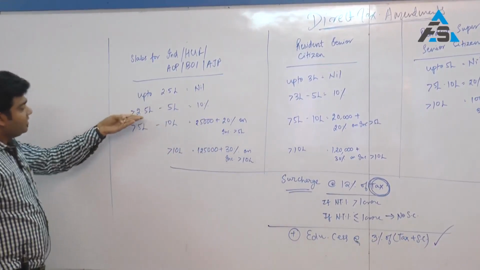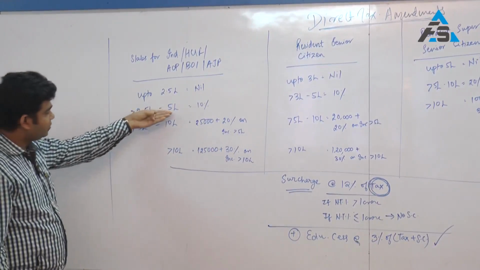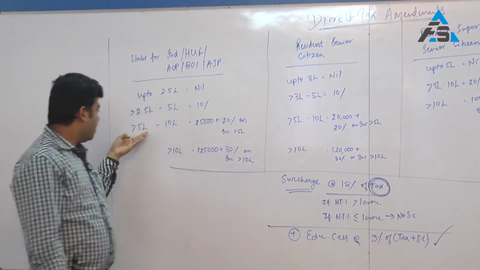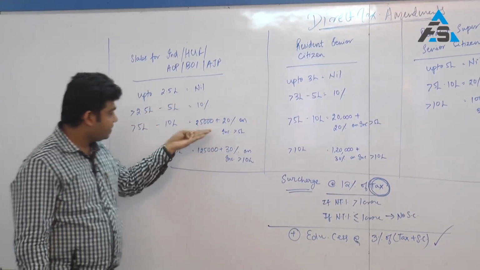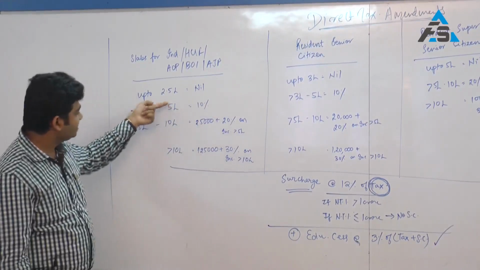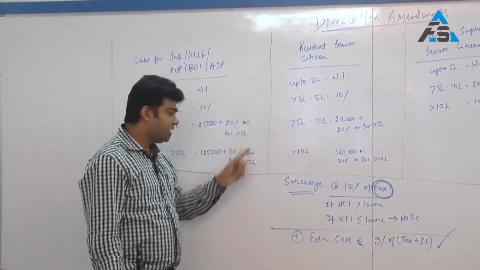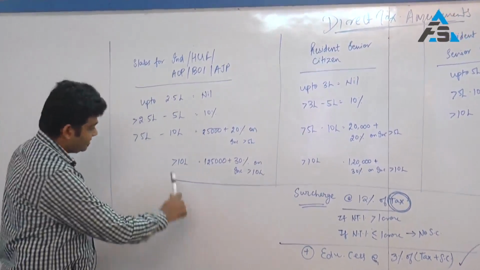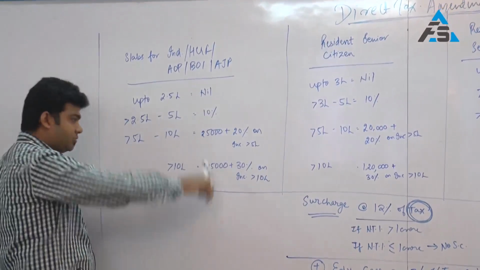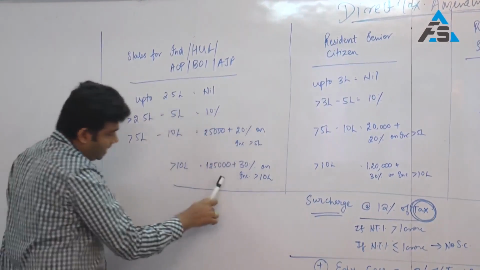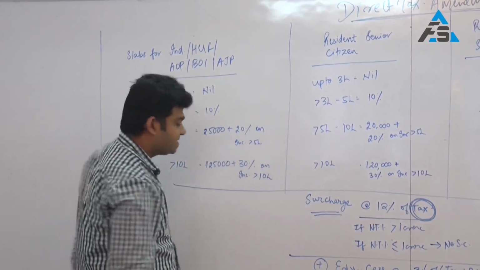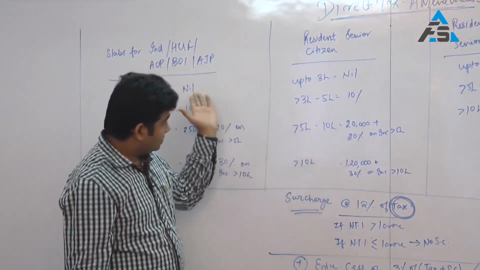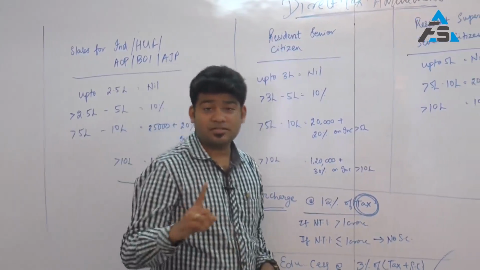The moment income increases beyond 2.5 lakhs up to 5 lakhs, it will be 10%. Beyond 5 lakh up to 10 lakhs it will be 25,000, which is a part of this, plus 20% on income exceeding 5 lakhs, and greater than 10 lakhs is 1,25,000, which is a part of this, plus 30% on income exceeding 10 lakhs.